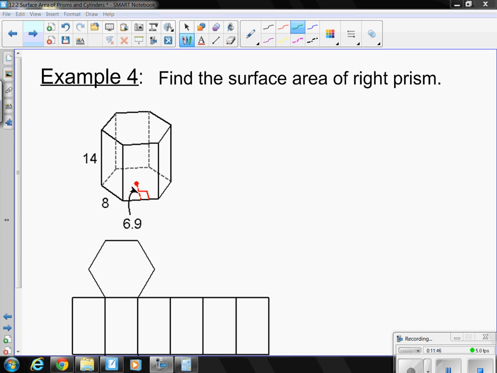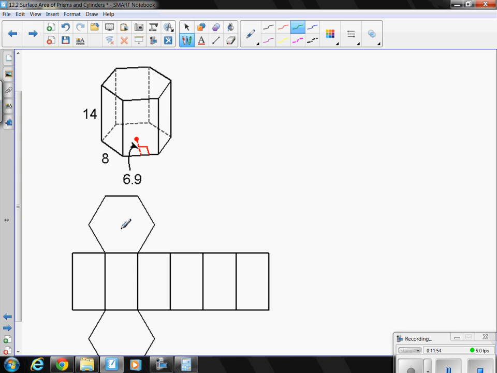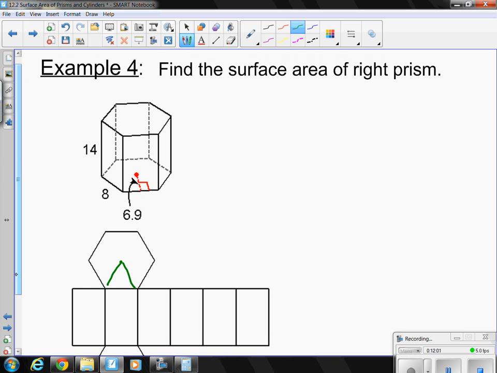So finding the surface area of our right prism, we might have to do some formulas from chapter 11 to find the area of a hexagon. Here we know the apothem. 6.9 is our apothem. And I misspelled that. There we go.